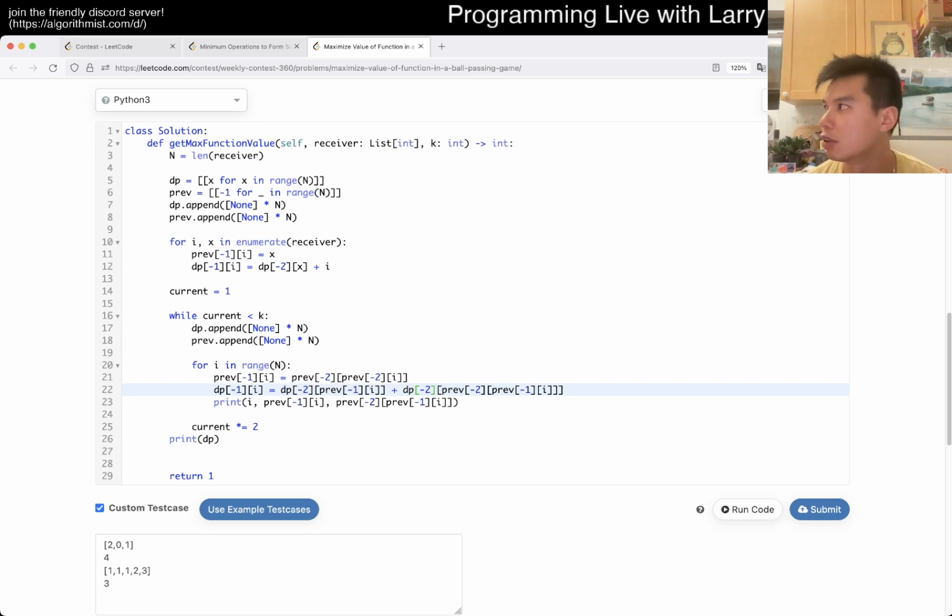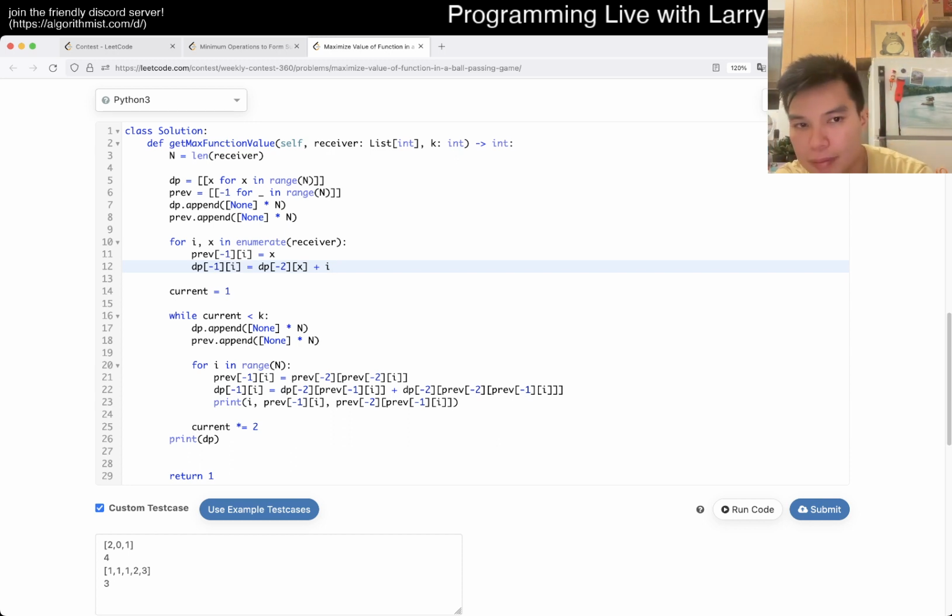Because 2, so okay, so this is one move. Now we're doing sum of 0, because is that minus? Because we're double counting. We're double counting. Okay, wait, let me see what I'm printing here.